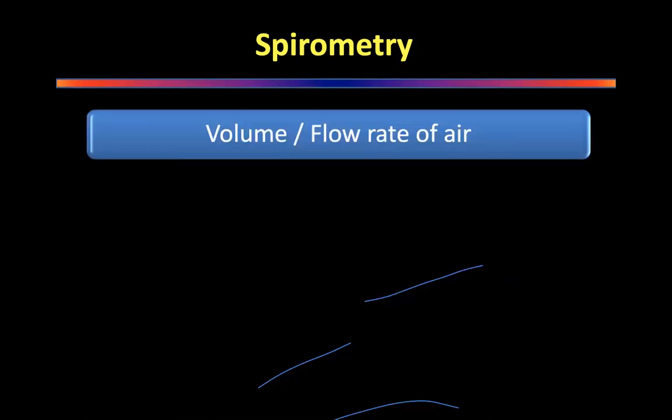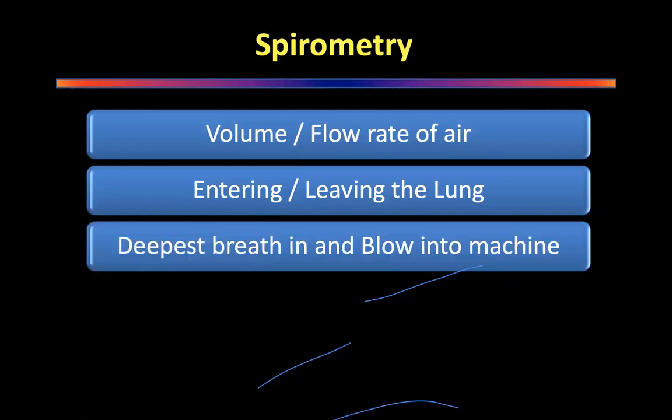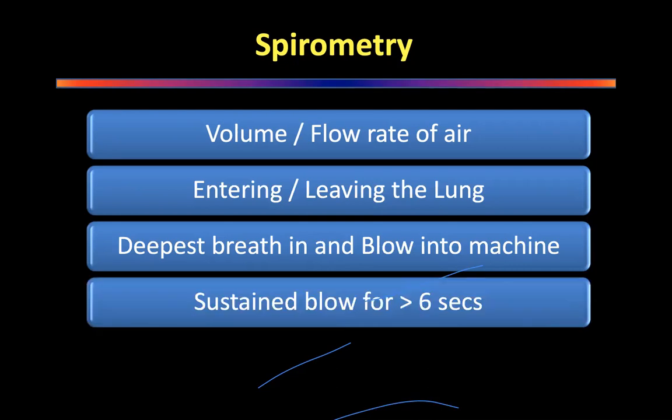So how do you do that? So spirometry is volume over flow rate of air entering and leaving the lung with the deepest breath in, and the patient blows into the machine and sustains the blow for more than 6 seconds.